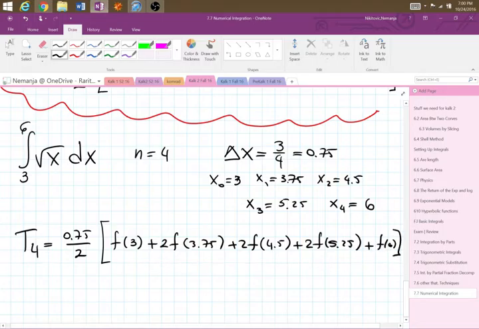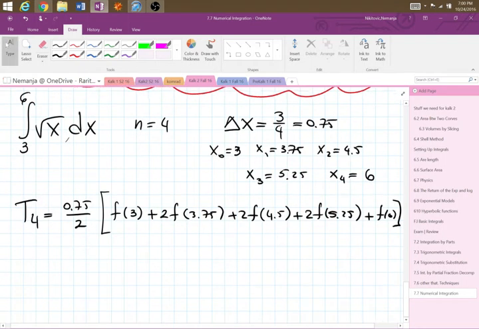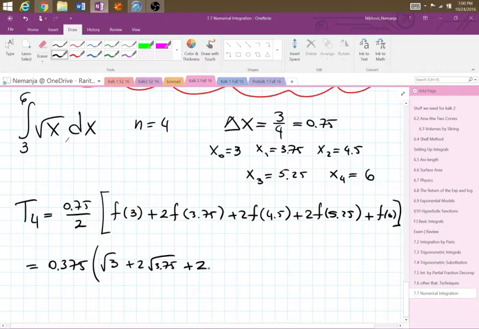Now you know that f of x is root x, so you will have to compute all of those values. Half of 3/4 is 3/8. Well, it's 0.375. And now over here I have a square root of 3 plus 2 square roots of 3.75 plus 2 square roots of 4.5 plus 2 square roots of 5.25 plus a square root of 6.